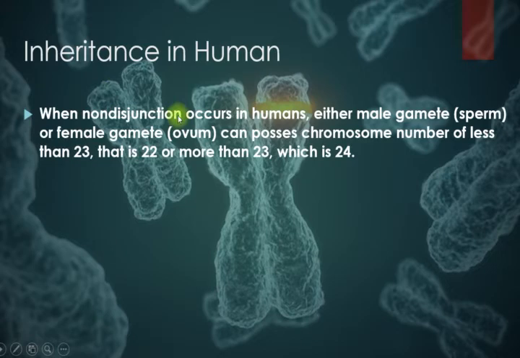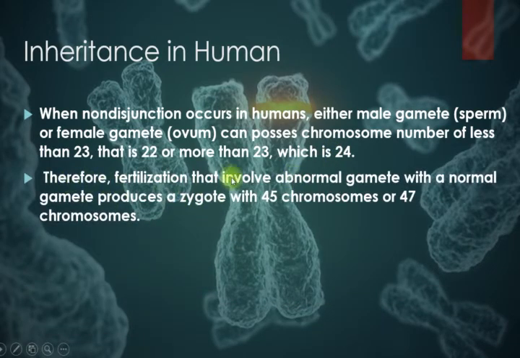The homologous chromosomes fail to separate during anaphase 1, or the sister chromatids fail to separate during anaphase 2. So the number of chromosomes in the daughter cell will be less than 23, which is 22, or more than 23, which is 24.